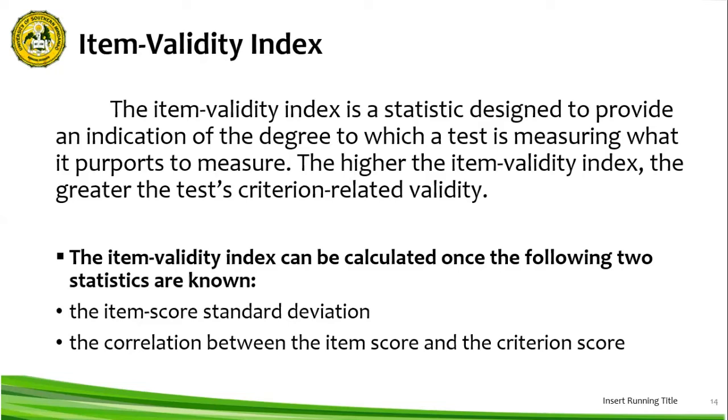In calculating the item validity index, two statistics must be known first. First is the item score standard deviation. Second is the correlation between the item score and the criterion score.